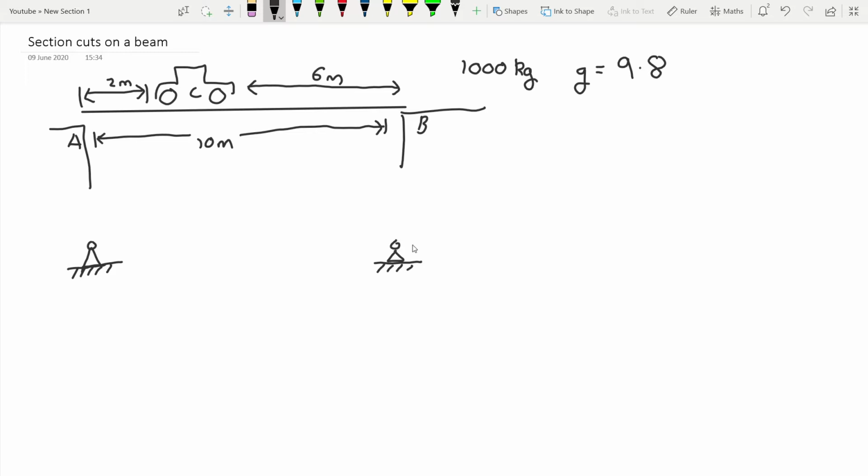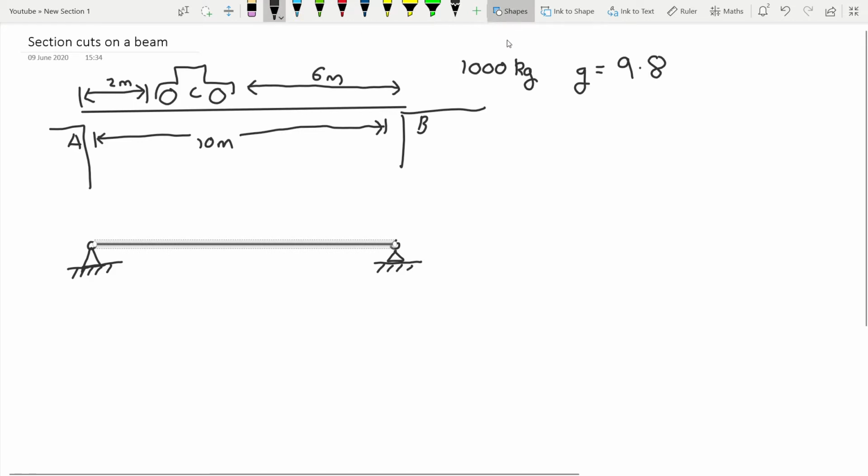Here we've got pin supports. Then our car is going to just be a force.